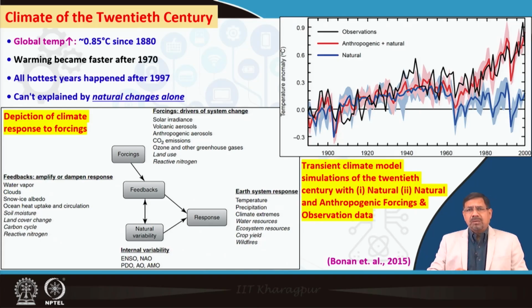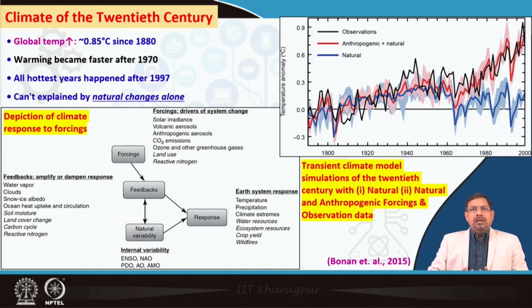So, it is very evident that the anthropogenic induced causes of climate change are the cause of worry and are contributing to the temperature rise or the temperature anomaly. The same trend has also been confirmed by different observations, as seen by the black curve.